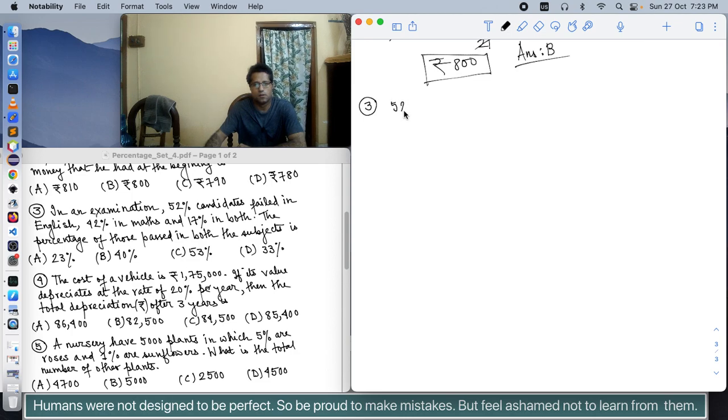52 minus 17% candidates failed only in English.